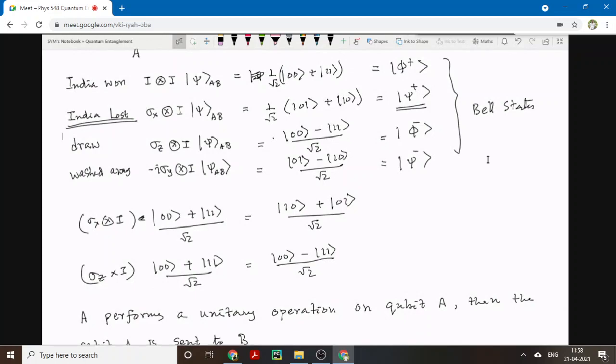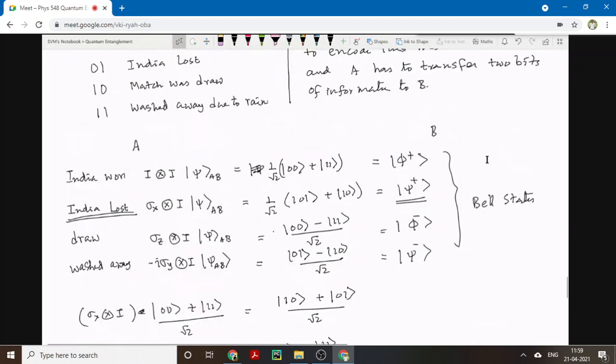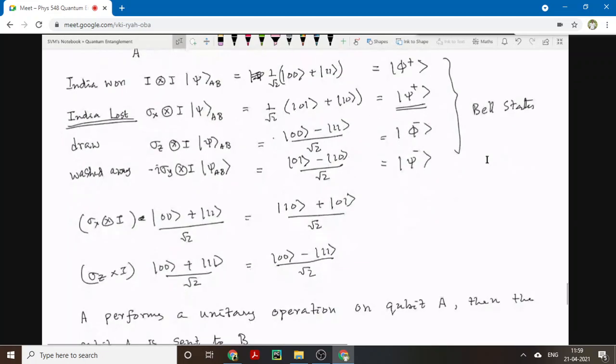Okay. Now this is possible because of the entanglement. Why is it possible? Remember, this is a correlated state. So when you do an operation on one particular qubit, the 2-qubit state is changing. This is because of entanglement.